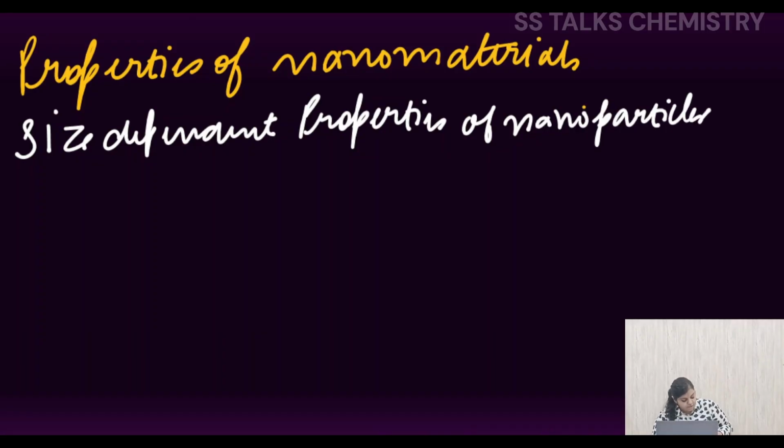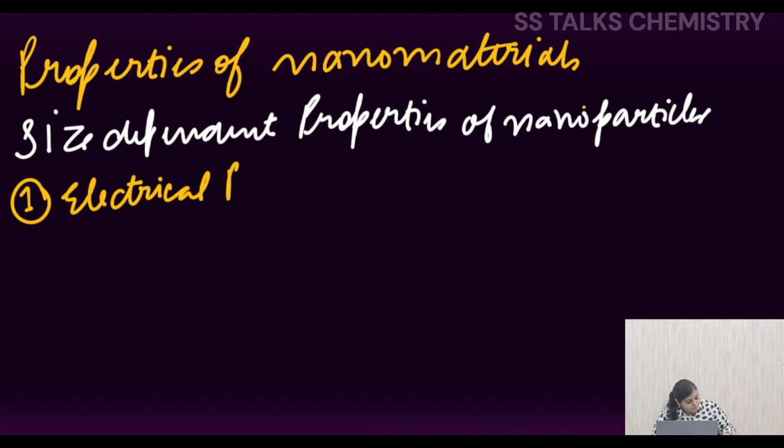In this, we will be covering various properties. The first one we are going to look at is the electrical properties, that is, how they vary when we move from the bulk material to nanoscale particles.